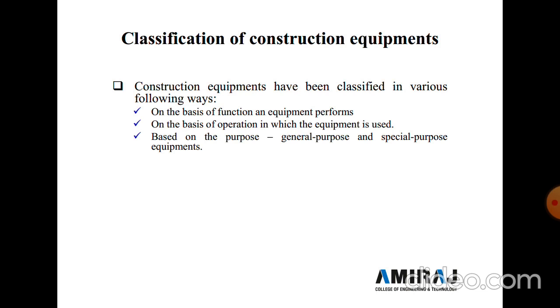So it is general purpose, and we use an excavator, road roller, etc. Another is special purpose equipment, like when sometimes we construct a dam. In a dam, special equipment is required for compacting, for surface finishing, for lifting, etc. So the classification of construction equipment differs as per our requirement.